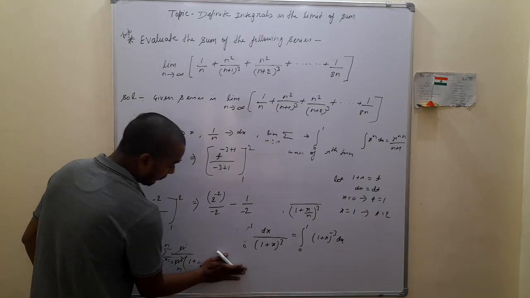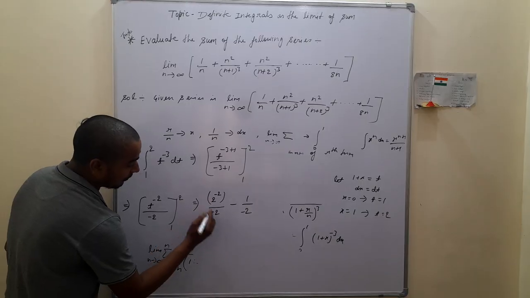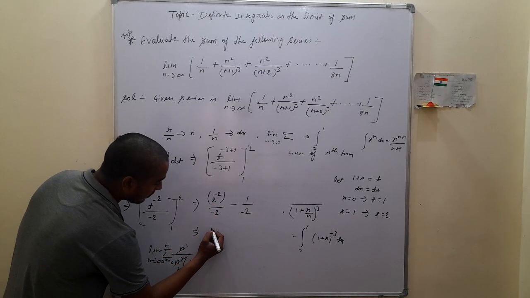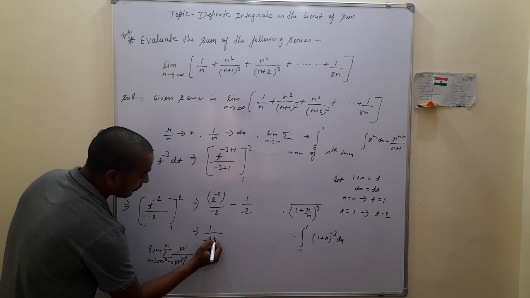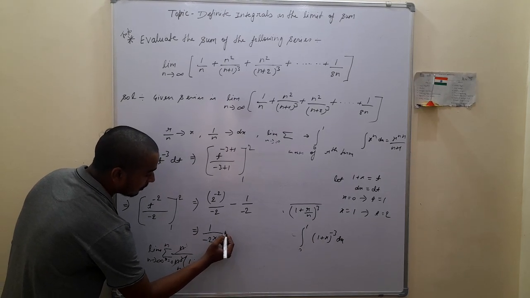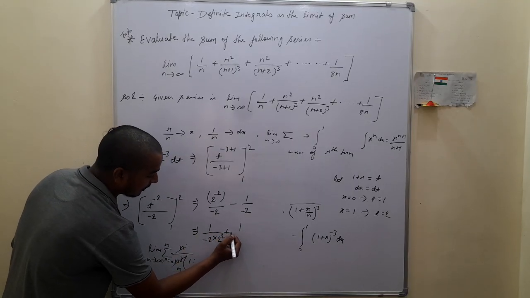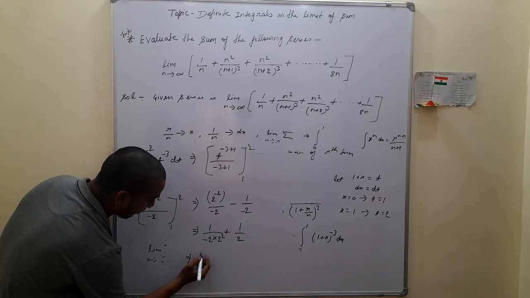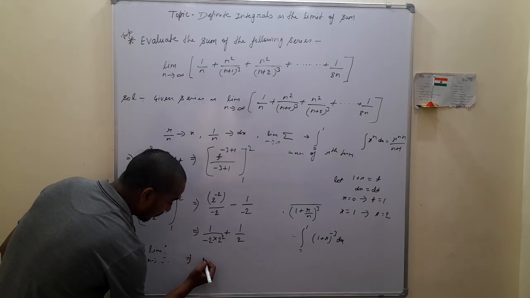And we solve here: 2 to the power of minus 2 is taken to the denominator, we get 1 upon (minus 2 into 2 to the power of 2) minus 1 upon minus 2, minus minus is plus, so we write plus 1 upon 2. 2 to the power of 2 is 4, and 4 into 2 is 8.